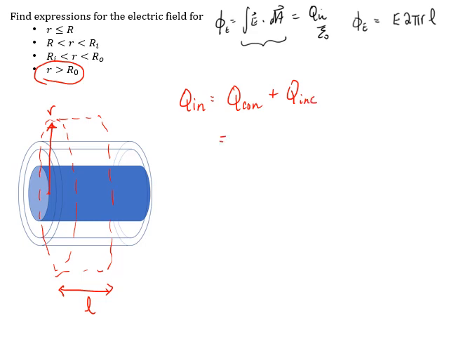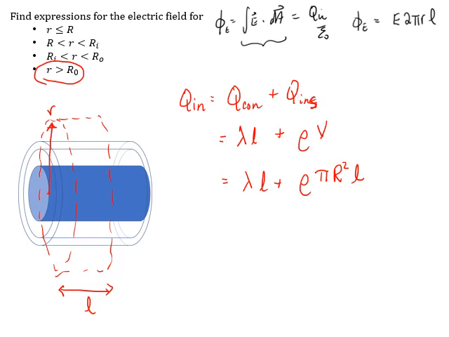The amount of charge on the conductor is the charge density times the length. The amount of charge on the insulator is the charge density times the volume. Okay, so that's lambda times L plus rho. The volume of our insulating cylinder is going to be pi times the radius of the cylinder squared times L.